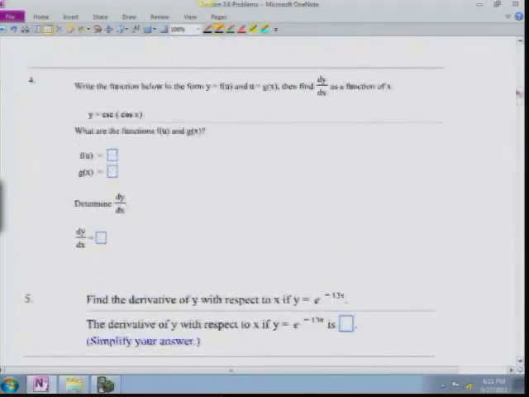So now we'll go to 4. Okay. So now 4 says, what are the two pieces? What would we write for what's f of u? Cosecant u would be one way to do it. And what is g of x? Cosine x. And so now let's find the derivative of that.